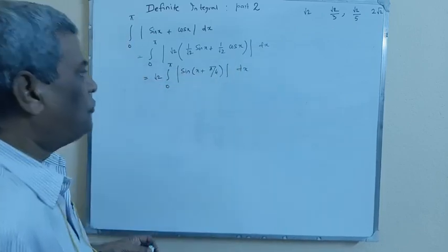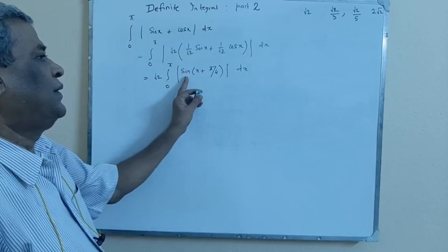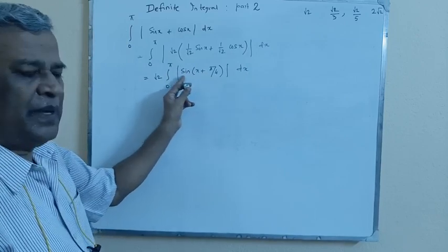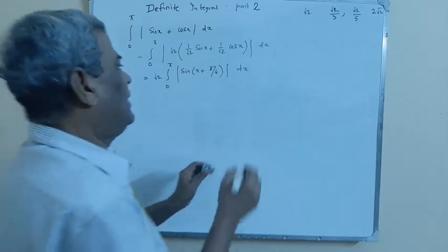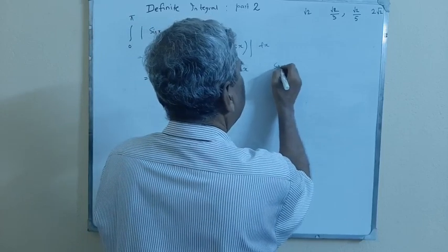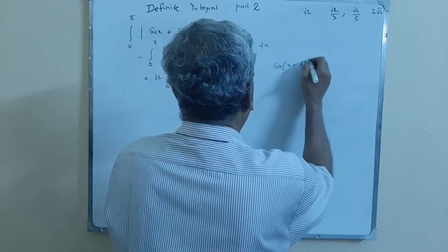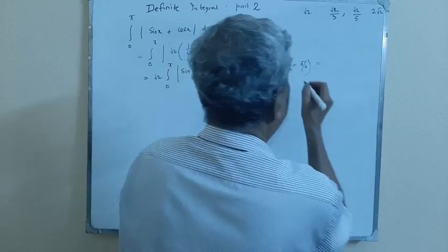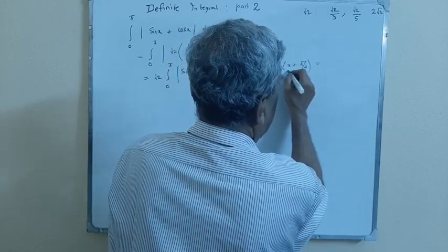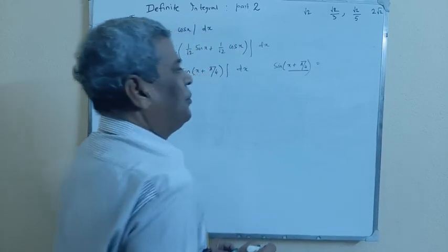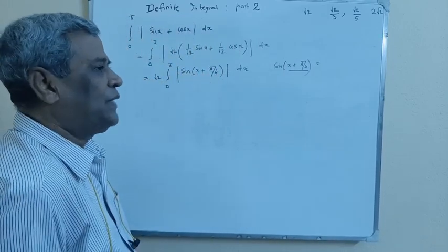Now, as before, I have to check where that function is positive and where it is negative. Now, sine of x plus pi by 4 is positive up to where this is pi, up to that point.